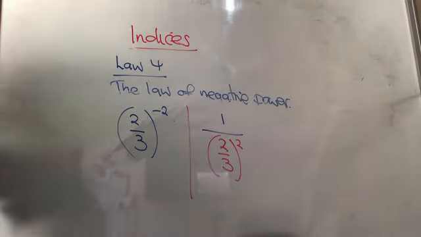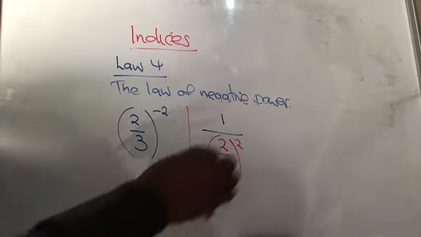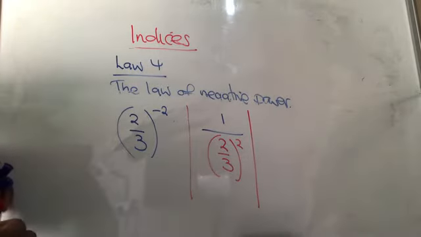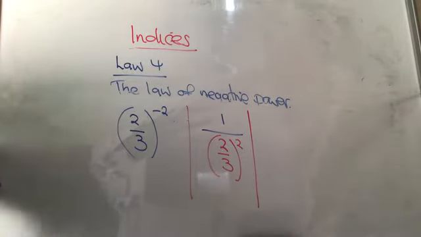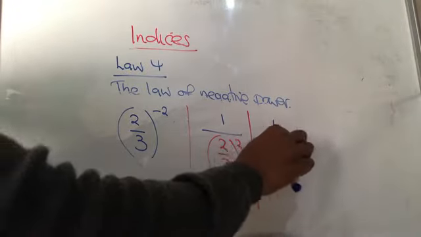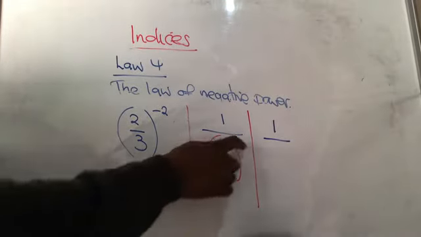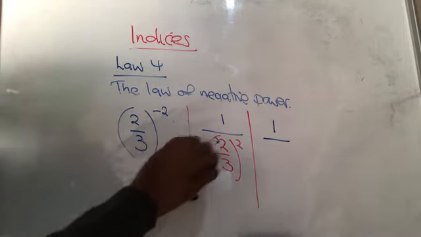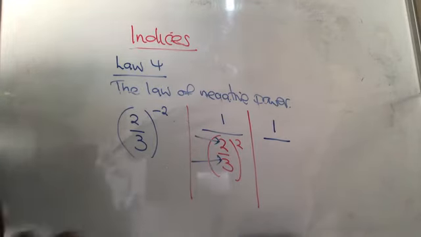Okay, now let's move forward. So now I'm going to move forward by saying now the 1 remains there. But now the 2 or the square is going to affect both the numerator part, which is 2, and the denominator part, which is 3.